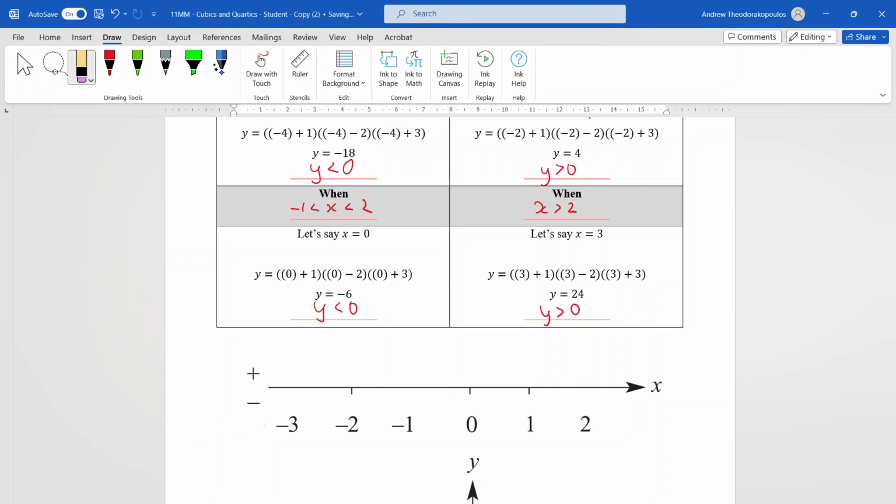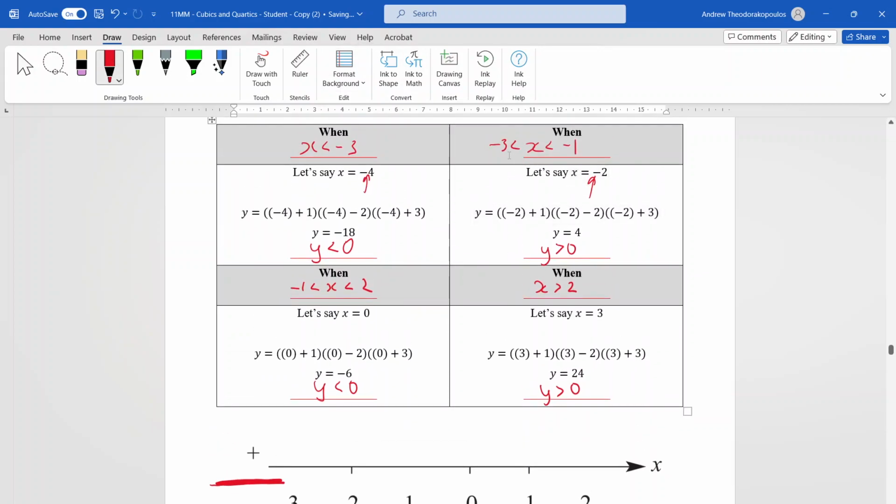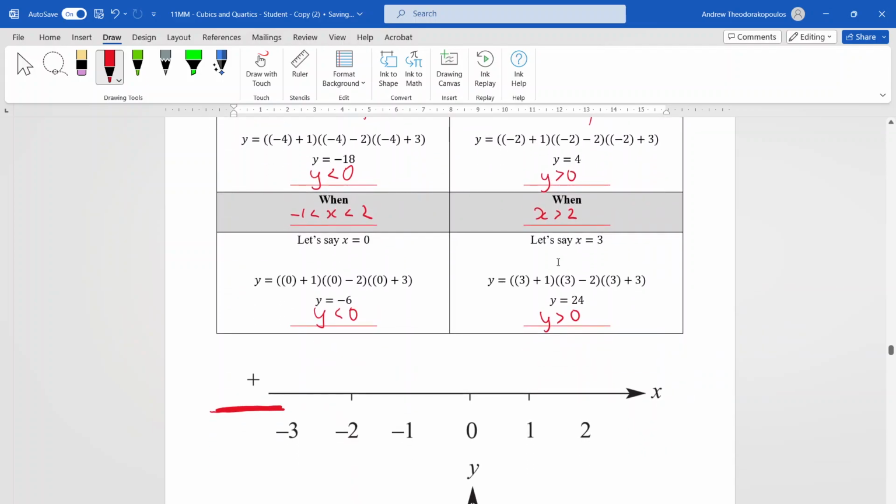Maybe I'll draw that a little bit higher, actually. Below the axis. There you go. And then once we get to -3, and go anything between -3 and -1, we see here that y is greater than 0. So I'm going to draw that: at -3 we go above it until we get to -1.